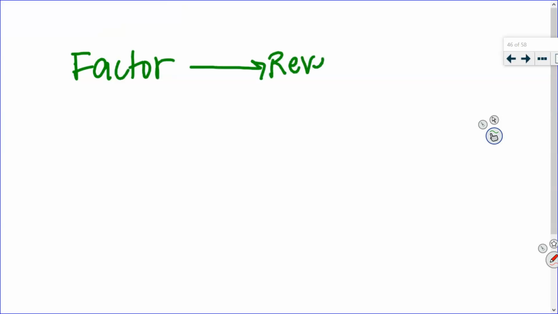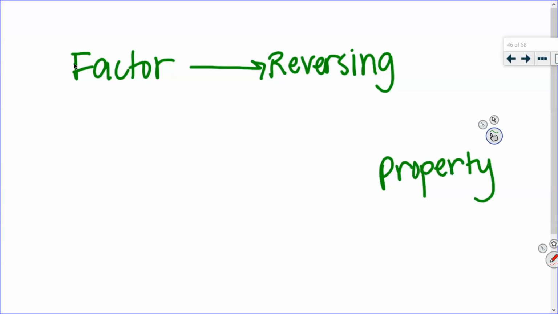So before we talk about that, remember, guys, when you factor, you are reversing some property that starts with the letter D. What are you reversing? Yes, distributive.